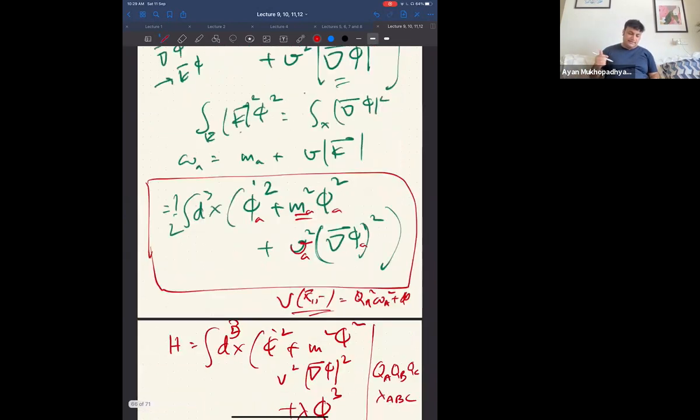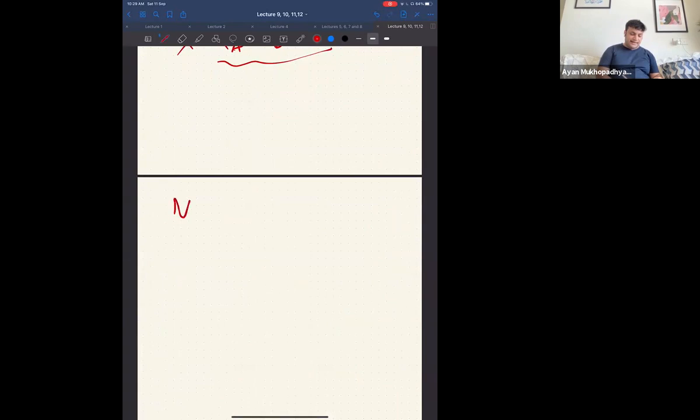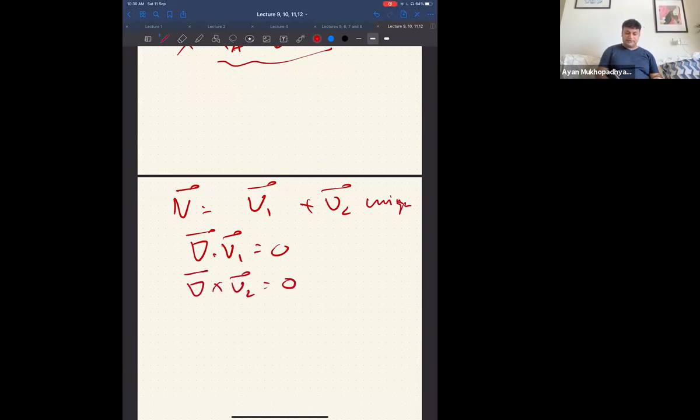As I said, you can write any vector field as V1 plus V2 such that divergence of V1 is equal to 0, and curl of V2 equals 0. Now, divergence of V1 equal to 0 implies that V1 is actually curl of some A. And curl of V2 equal to 0 implies V2 is equal to grad of some phi.